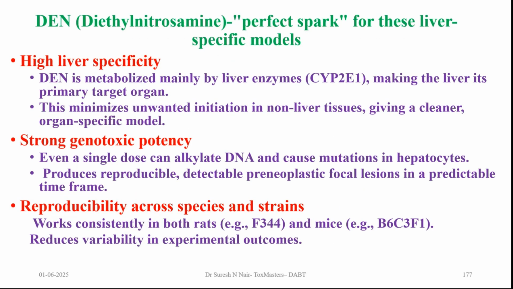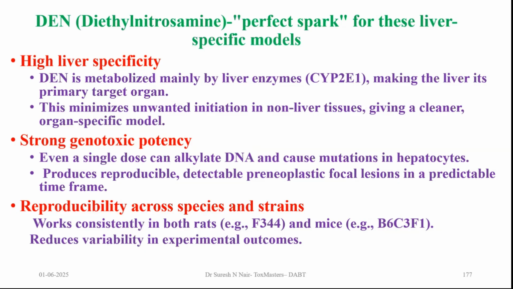Why? Because DEN acts as a perfect spark for liver specific cancer models. Again, these things are not there in the CND textbook, but without understanding this, it will be very difficult to understand hepatocarcinogenicity. DEN is specifically used because it is highly specific to the liver.